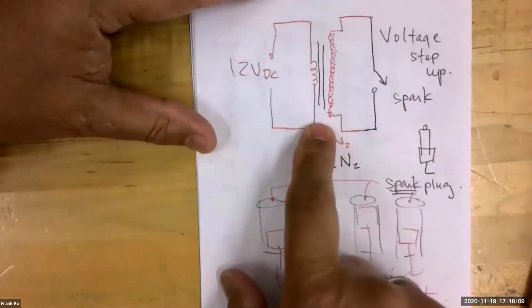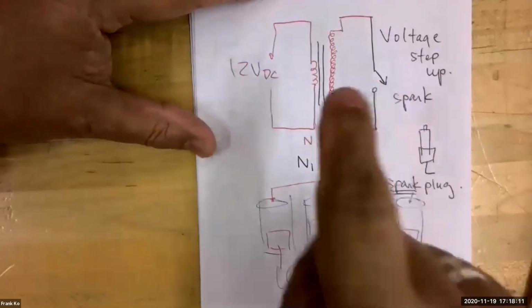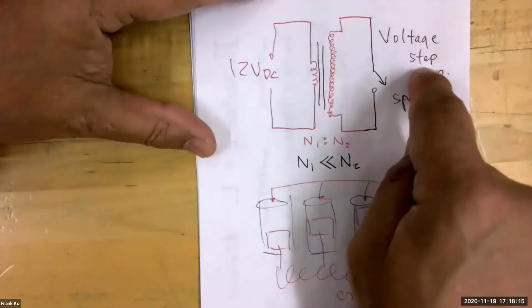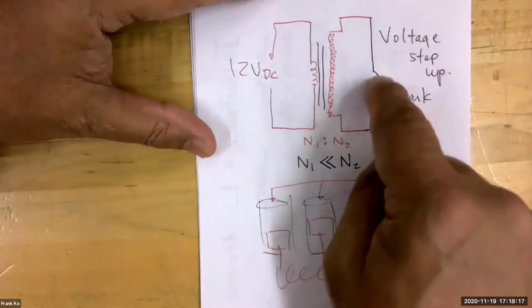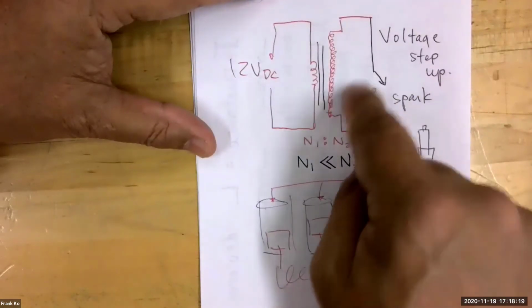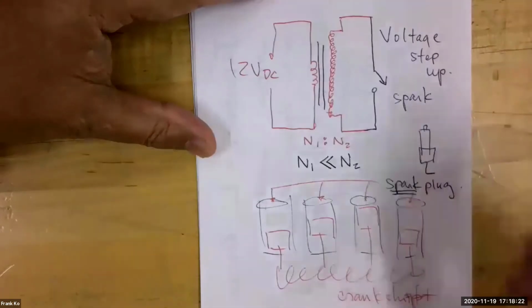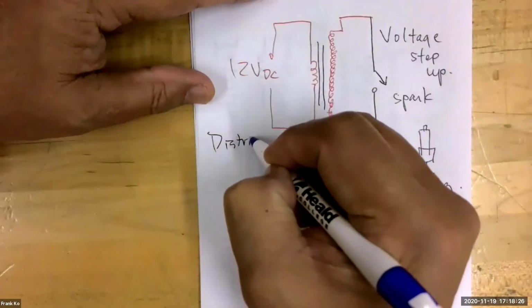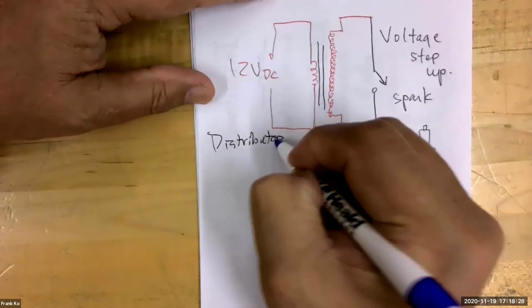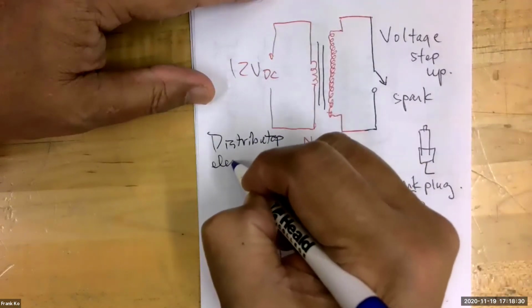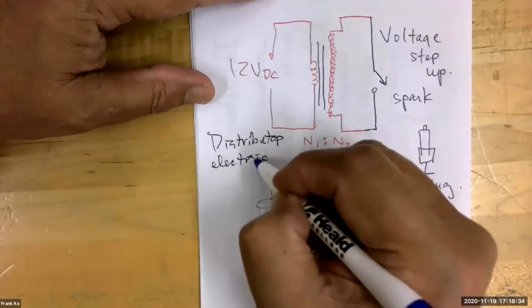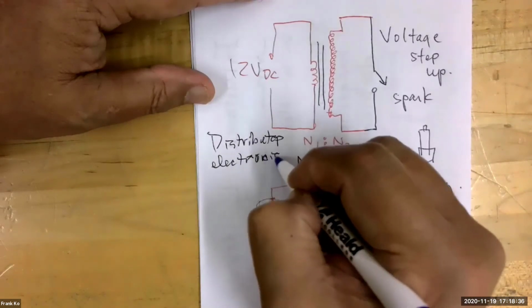So the part is called an alternator, and the job of the alternator is to create a huge voltage step up so that we can control the timing of that spark through something known as, in old cars, a distributor, and in newer cars, electronic ignition.